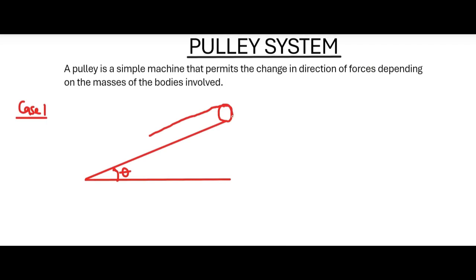On the pulley lies a string, and at the end of each string is a mass. Provided this is our M1, and this our M2, and provided M2 is greater than M1, what happens to the system? The system moves in this direction, and that's the acceleration.